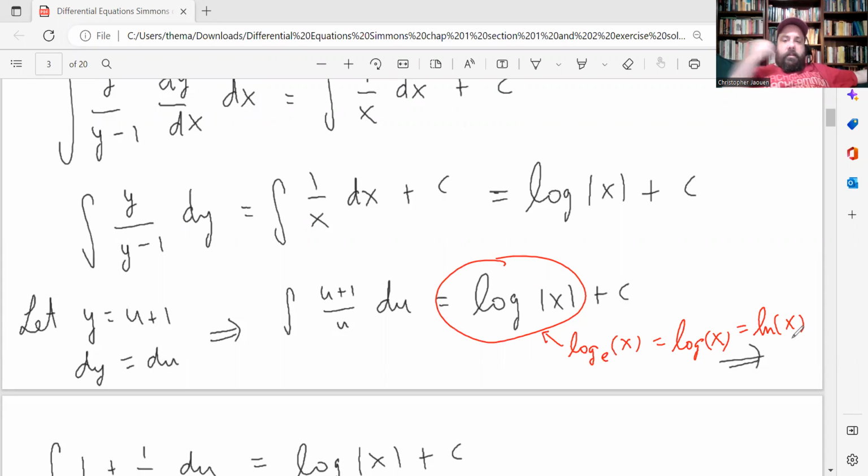I understand this choice. It maybe makes more sense conceptually than this notation, but maybe it's just my experience, I find this notation to be more prevalent for the natural log.